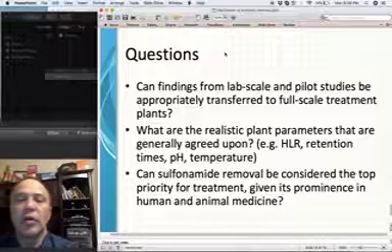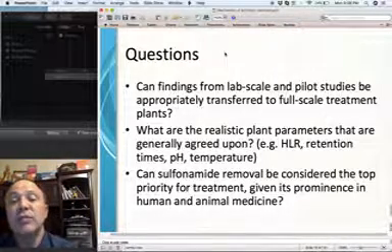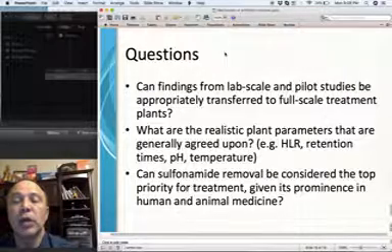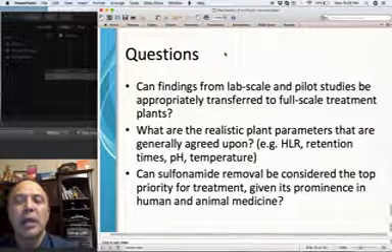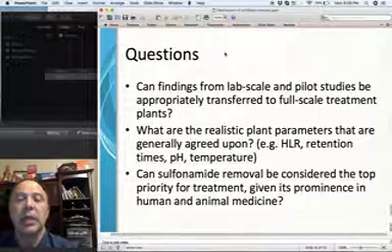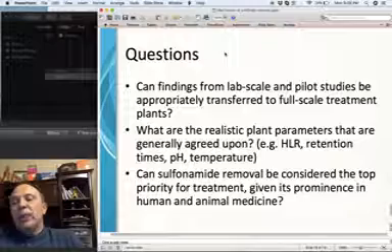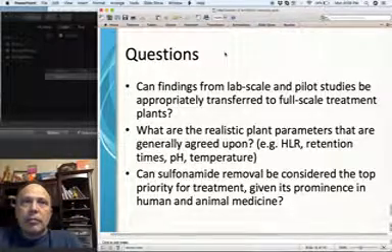Questions for further review or further studies. Can findings from lab scale pilot studies be appropriately transferred to full scale treatment plants? So a lot of work was done under lab conditions, but can they be used under real world conditions for actual treatment plants? And then what are realistic plant parameters that are generally agreed upon to enhance removal efficiency?